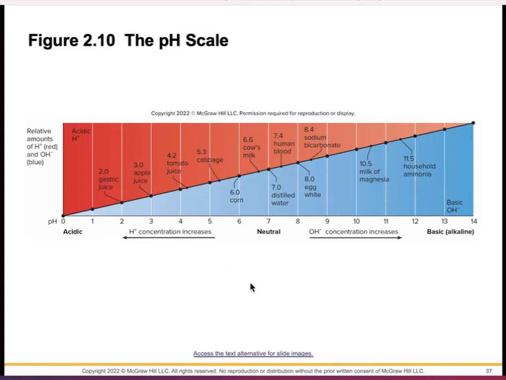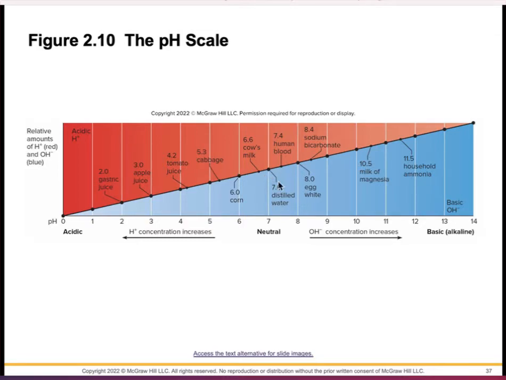So let's look at some of the pH values here. The pH of gastric juice is 2. Apple juice is 3. Tomato juice is 4.2. Cabbage is 5.3. Corn is 6, so it's considered acidic. Cow's milk is slightly acidic, at 6.6.